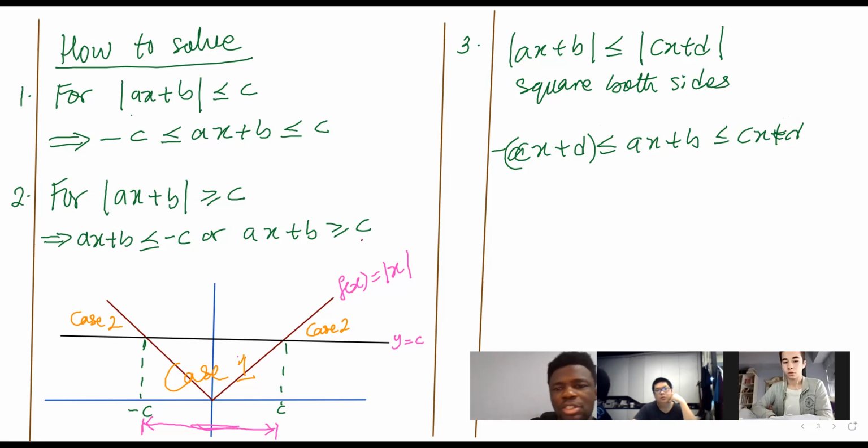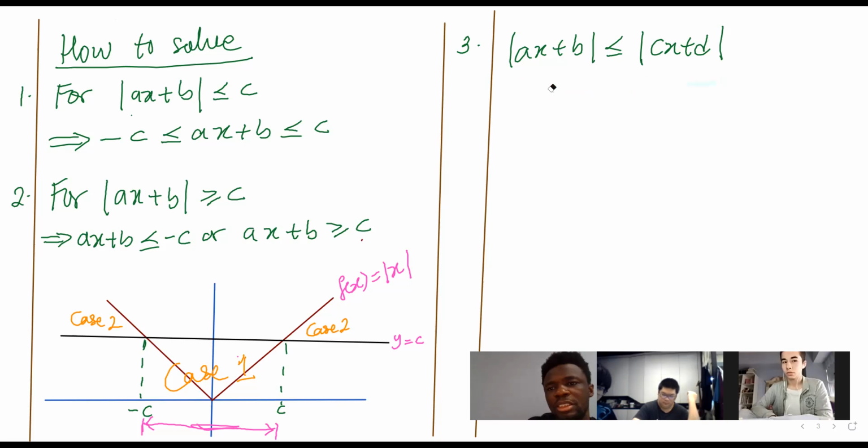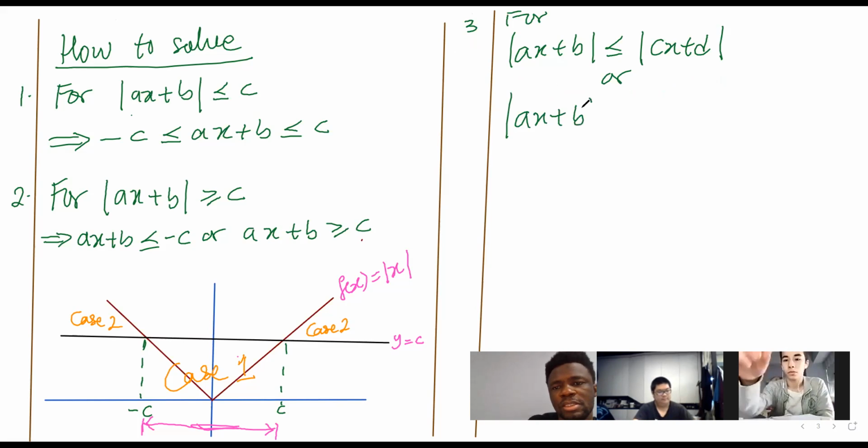You don't want to create unnecessary confusion. So the best thing is to just square both sides. If both of them are positive, they maintain the greater than or equal to or less than or equal to. If both of them are negative, they still maintain it. So for the absolute value of that, square both sides.